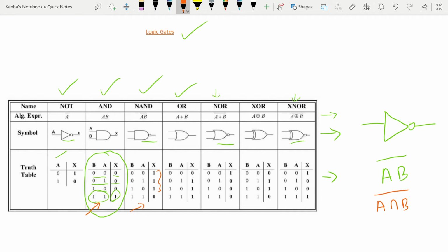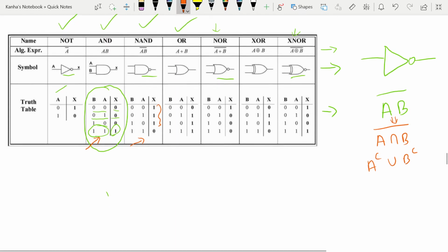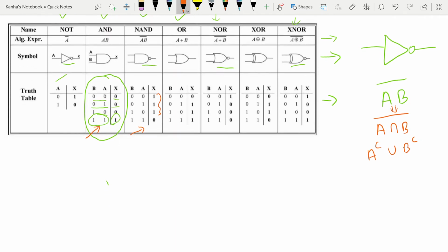In set theory, what does this mean? This is A complement union B complement. This is De Morgan's theorem from the set theory. What this means is, if I try to write A and B: 0 0, 0 1, 1 0, 1 1. What is A complement? A complement is 1 1 0 0.